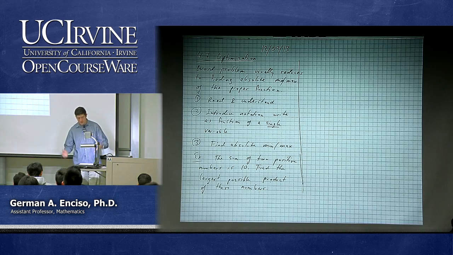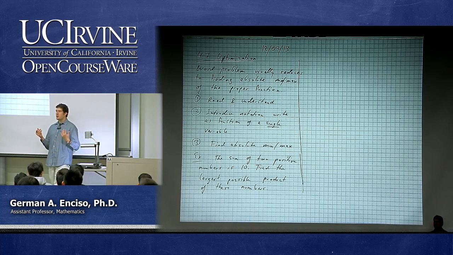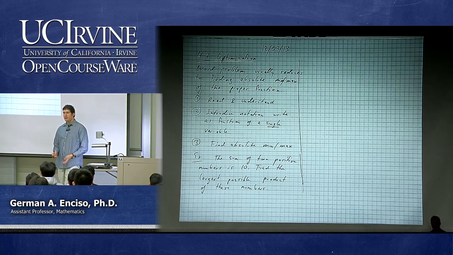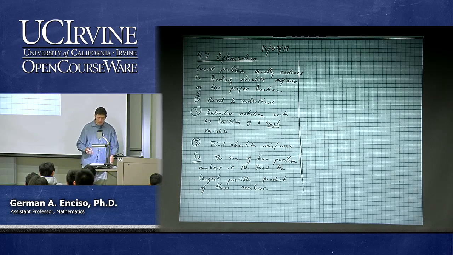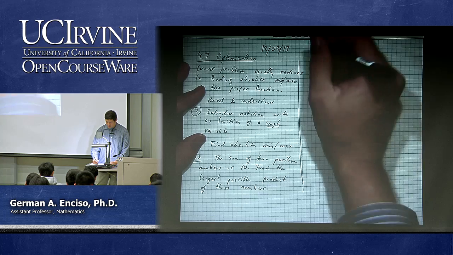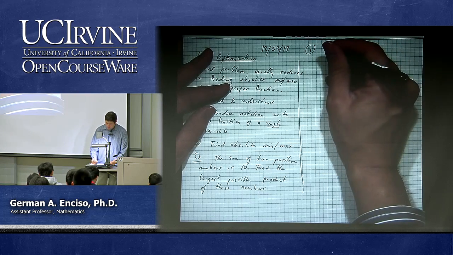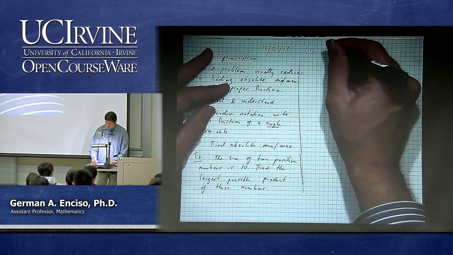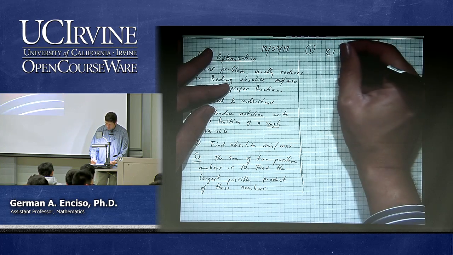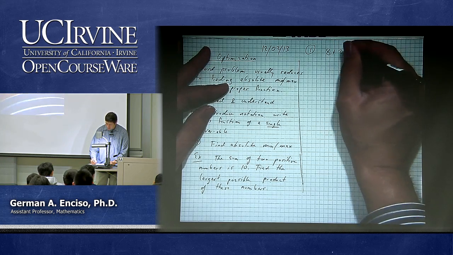Okay, so you got two numbers, you add them up and they equal 10. Question, what is the largest possible product? So for example, if you want to understand this problem, I would take some two numbers that add up to 10. For example, 8 plus 2 is equal to 10.